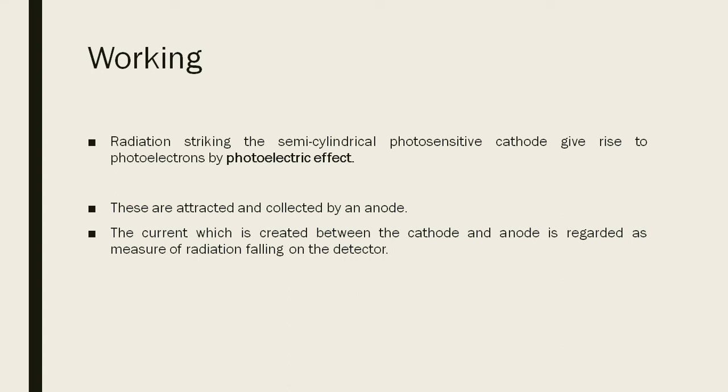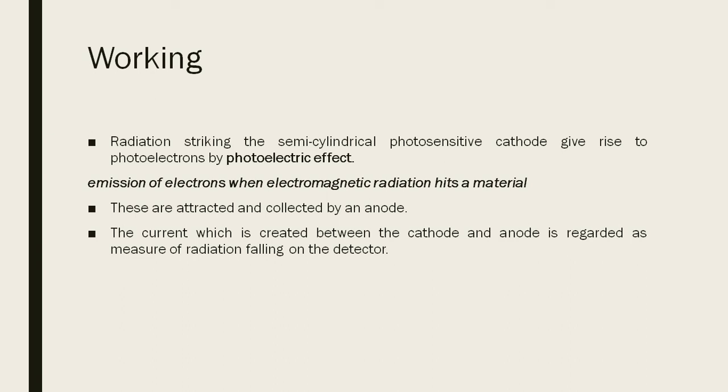Let us see its working. The radiation striking the semi-cylindrical photosensitive cathode gives rise to photoelectrons by photoelectric effect. These are attracted and collected by an anode. The current which is created between the cathode and anode is regarded as a measure of radiation falling on the detector.